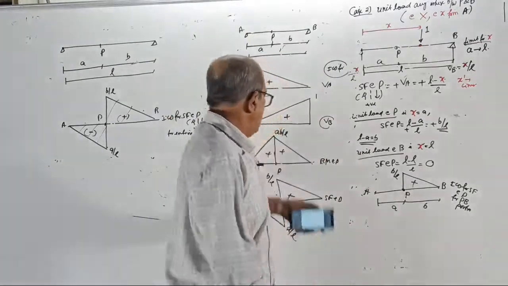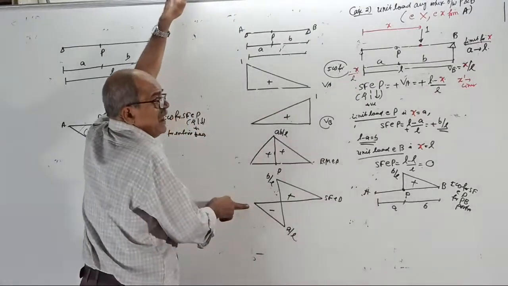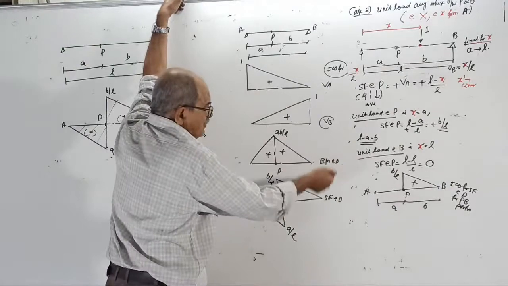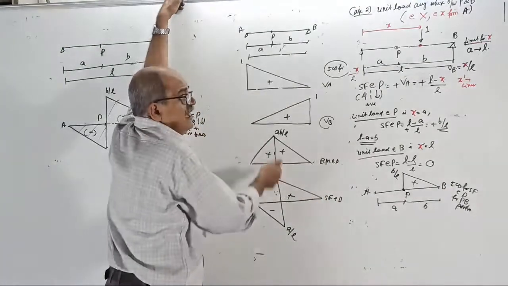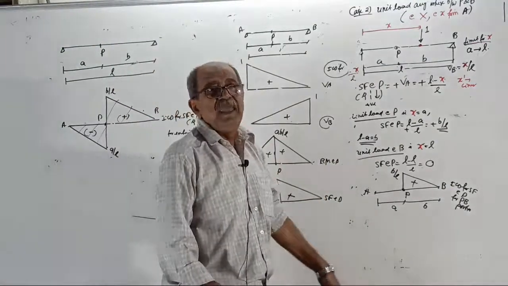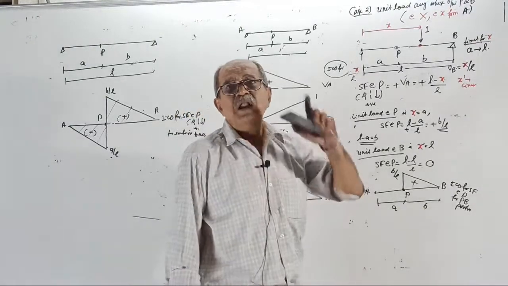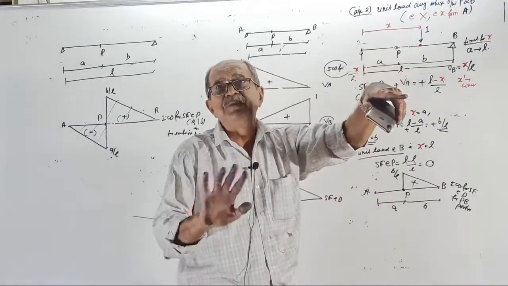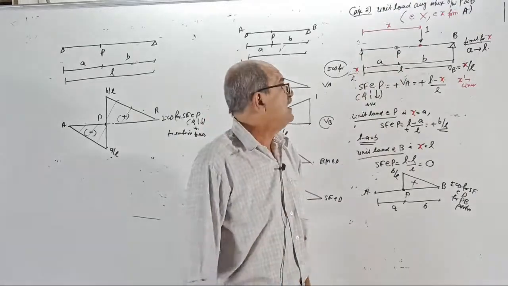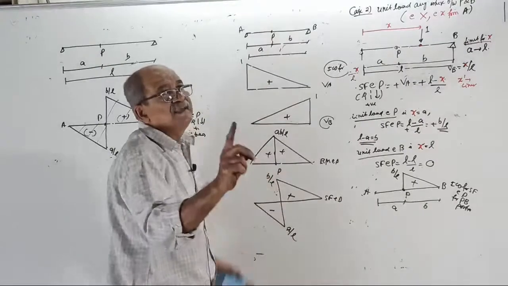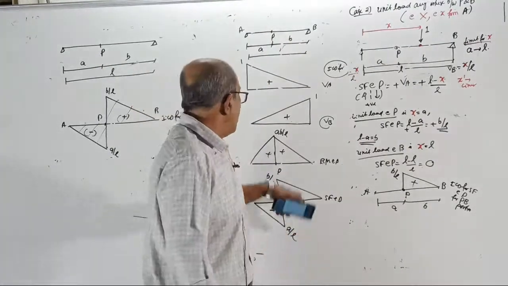AB by L. ILD for shear force: start from the left hand, go negative side by distance A by L. Start from the right side, go positive side up to here. Distance is B, so the answer is B by L. That is the way I explain for competitive examination. Slowly I will explain. But for you, I will tell tomorrow the concept also, not only the diagram.